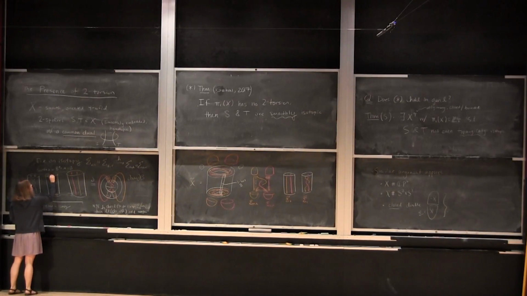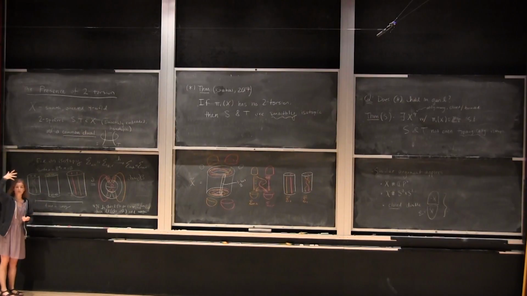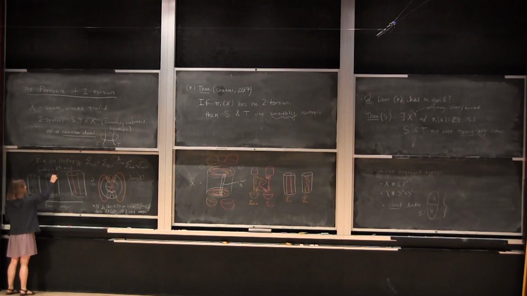I literally drew it and doubled it and then saw what the attaching regions of the spheres were. They intersect the boundary in these 2 curves, just thickened because it's the attaching region.